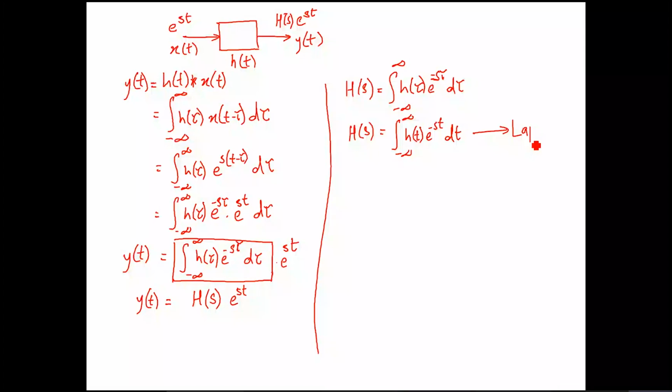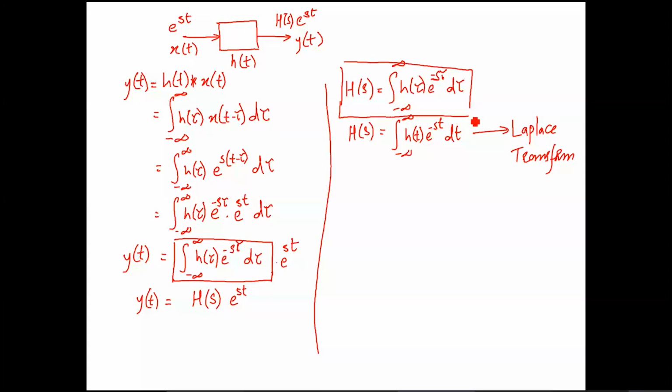You have been doing the Laplace transform in your mathematics, but here we have a different view of it. This h of s is nothing but the integral of your impulse response with your input, integrated from minus infinity to infinity. So this is your eigenvalue, and we called it h of s.